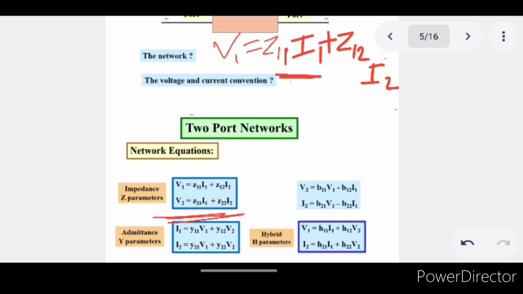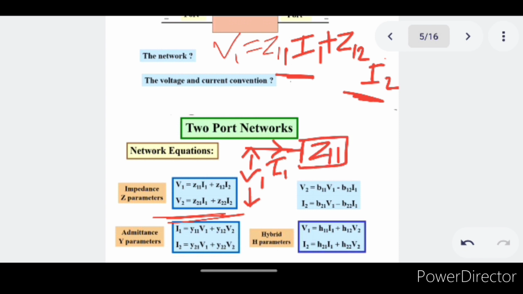In the RHS, this is considered as V1 dash and this is considered as V2 dash. Now the equivalent circuit will be: this is your V1, this will be your I1, and this will be your Z11. Now let me clear this one.